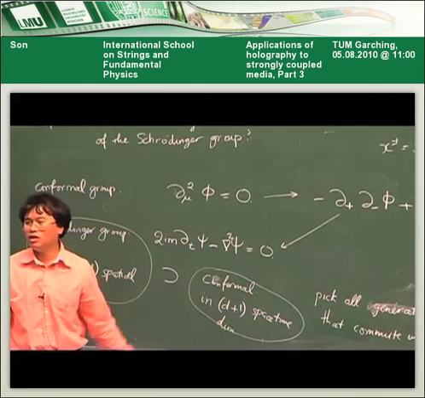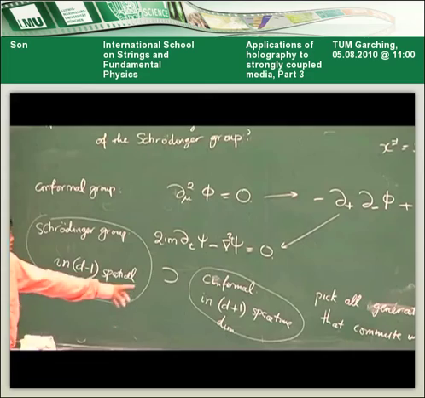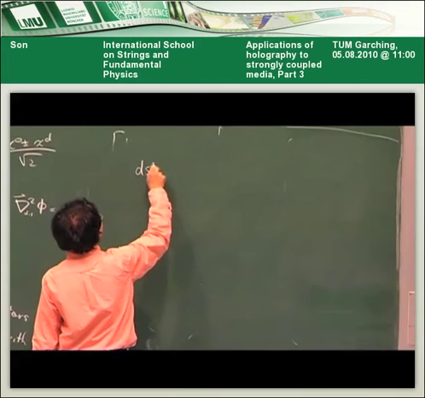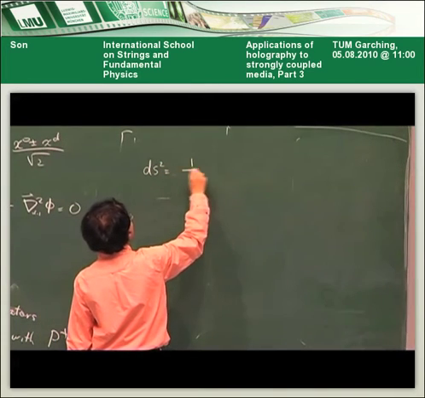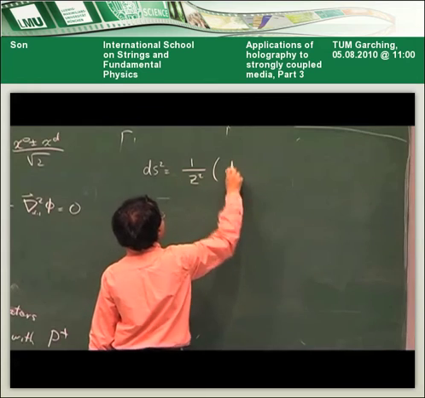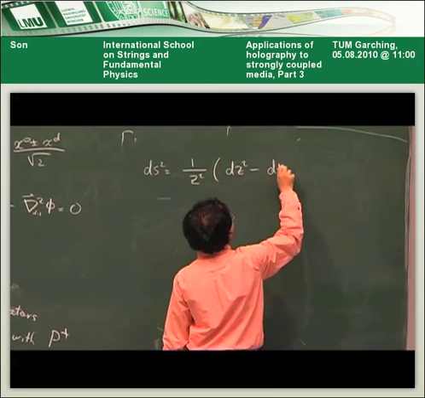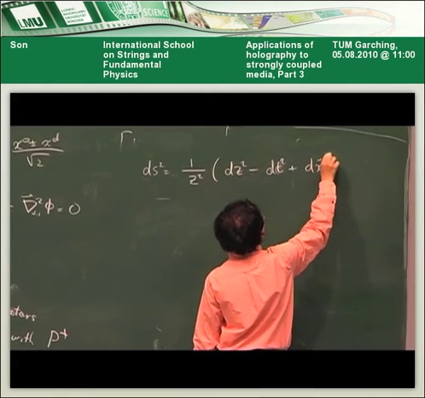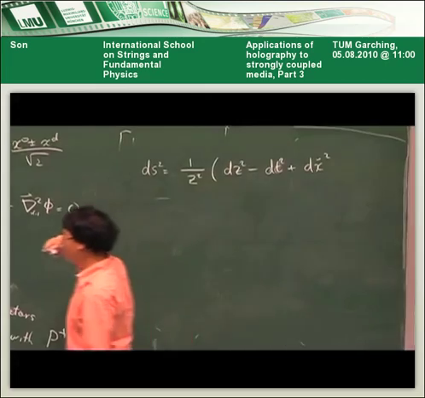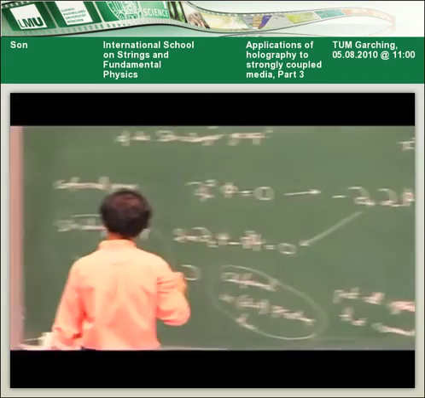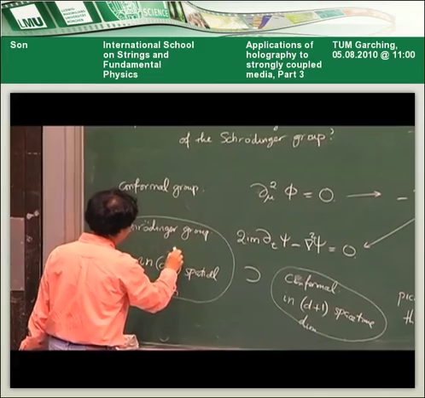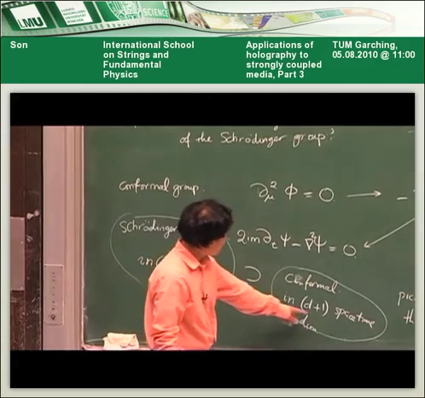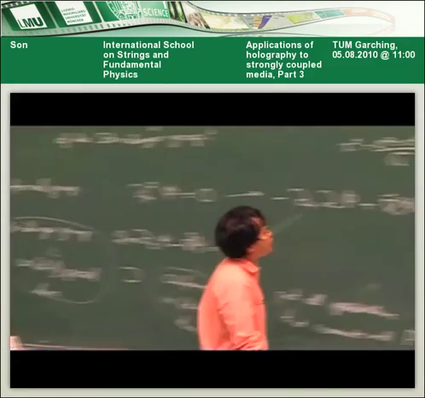We know that AdS space has the symmetry of the conformal group, so we can start by writing down the AdS metric. How many dimensions do we need? If we want to realize the case where d minus 1 is equal to 3, then we have to realize conformal symmetry of 4 plus 1 dimensions. So it has to start with AdS 6.